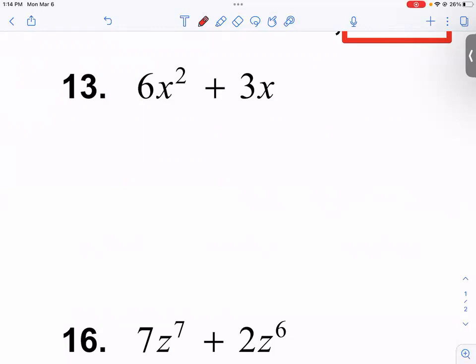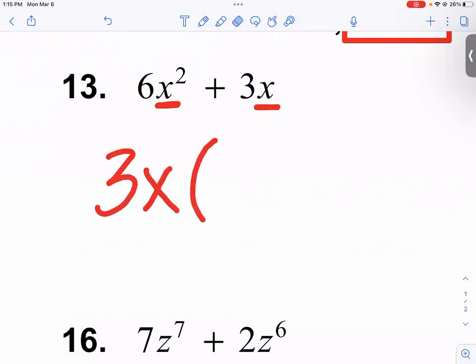In number 13, I want to know the biggest term that can be divided out of these two. 3x can be taken out.